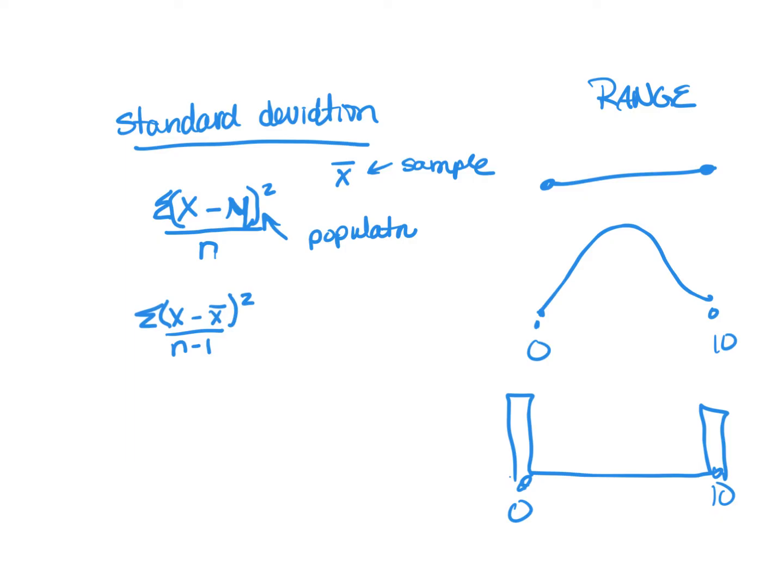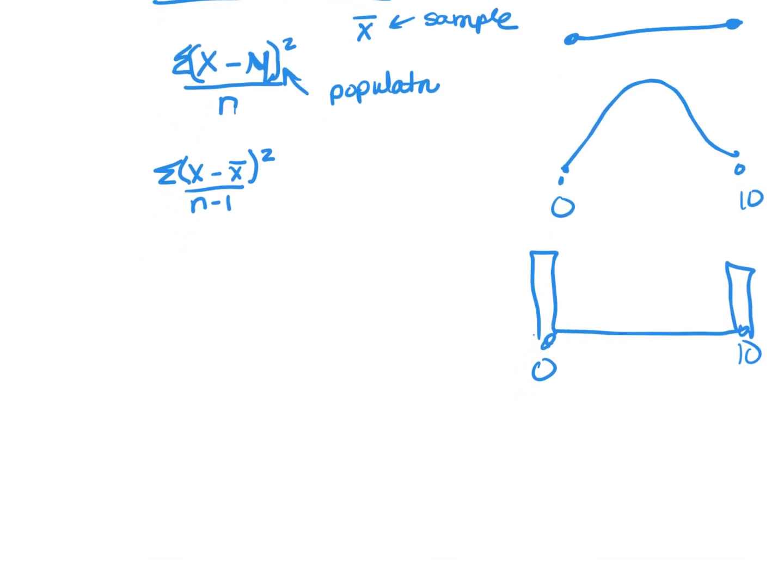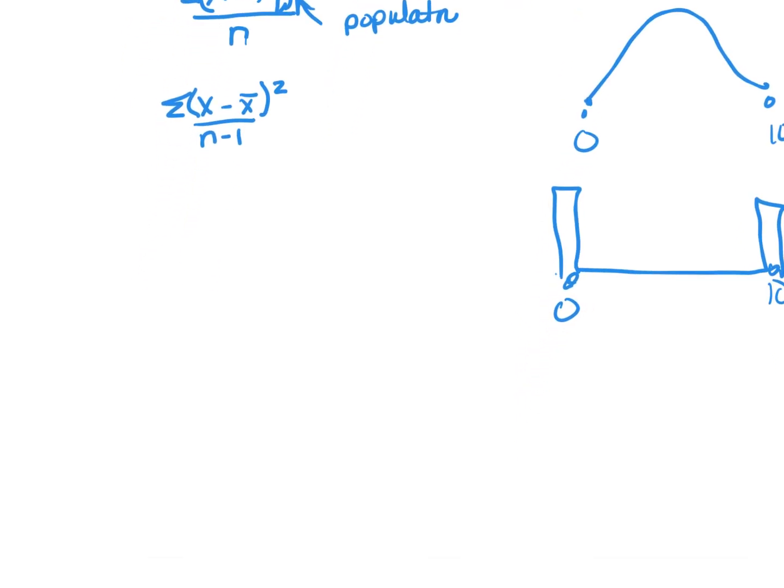So let me give you a quick example. Suppose your whole set, everything that you cared about, was 2, 4, 6, 8. We just talked about this. This is going to have an average of 5.